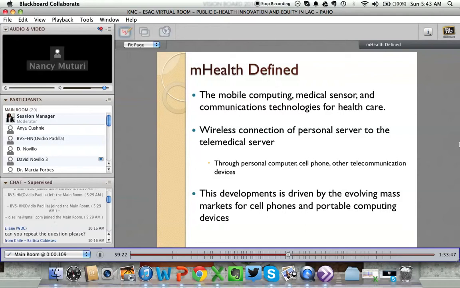Basically this has been the direction that the medical field is going in terms of telecommunication. This development is being driven by the mass markets for cell phones and other portable computing devices, and possibly in the next few years, this is where eHealth will be headed.